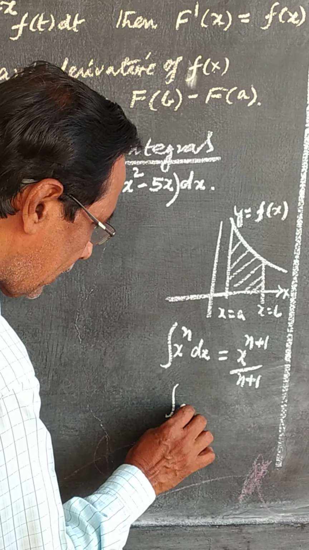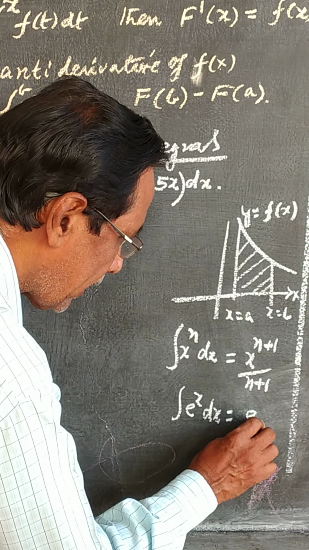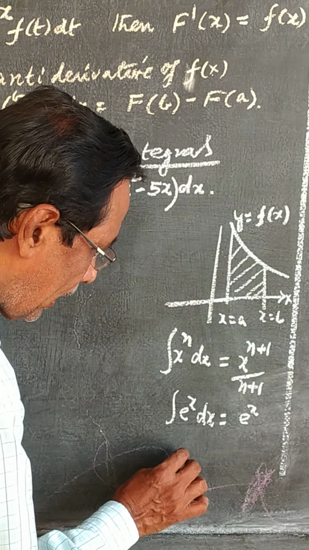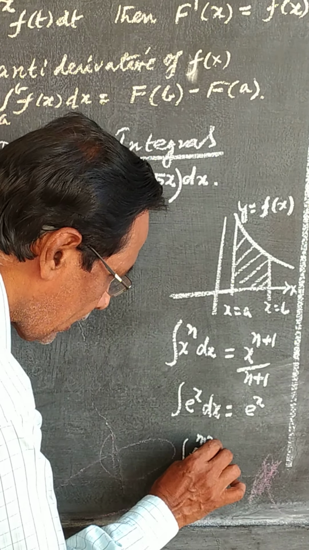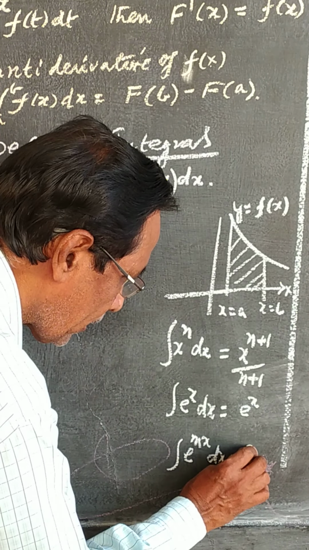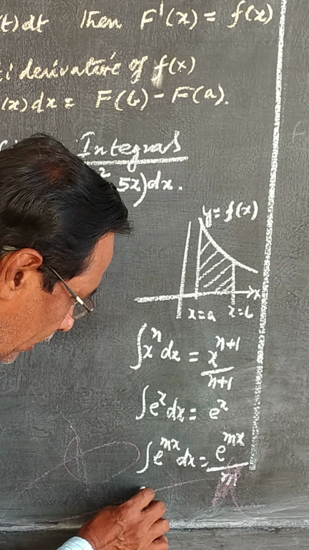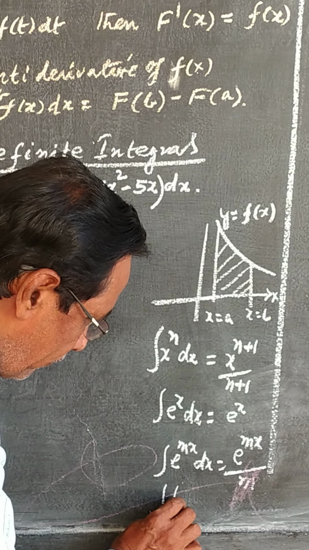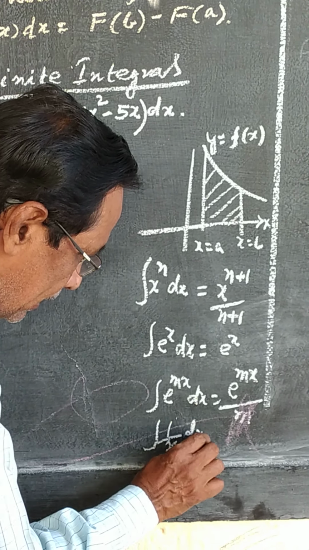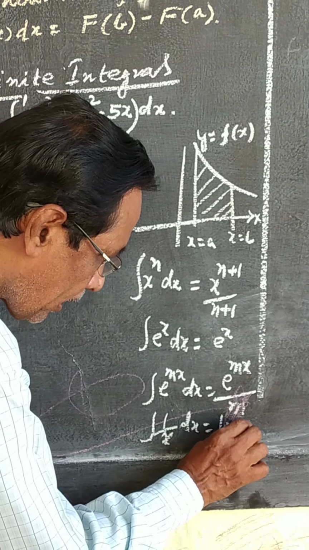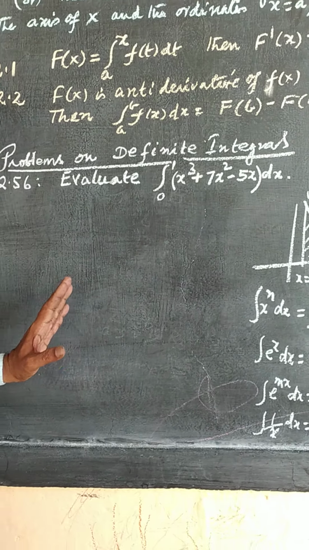The integral of e to the power of x dx is equal to e power x itself, and the integral of e to the power of mx dx is equal to e power mx by m, where m is the coefficient of x. The integral of 1 by x dx is equal to log x. These are some basic integrations which we are going to use for all the problems in this exercise.